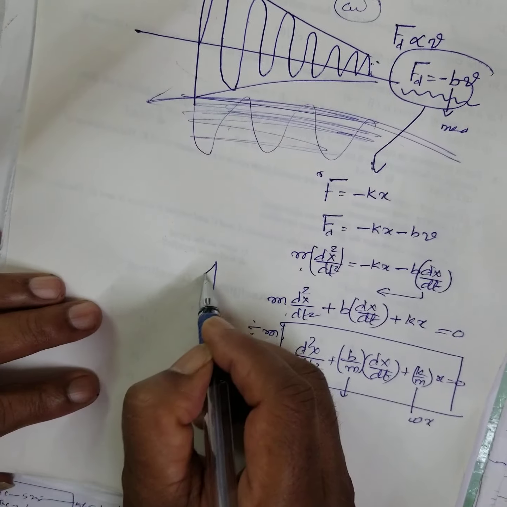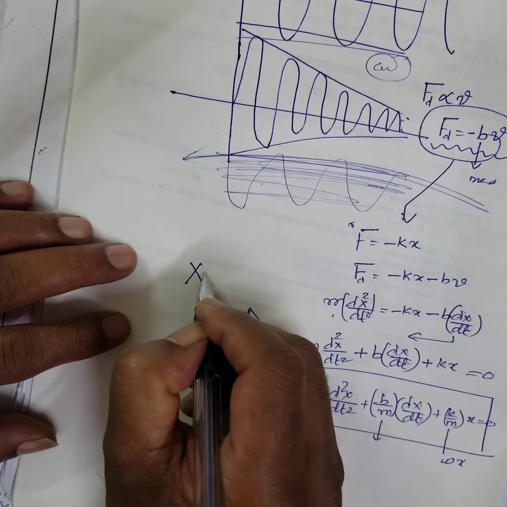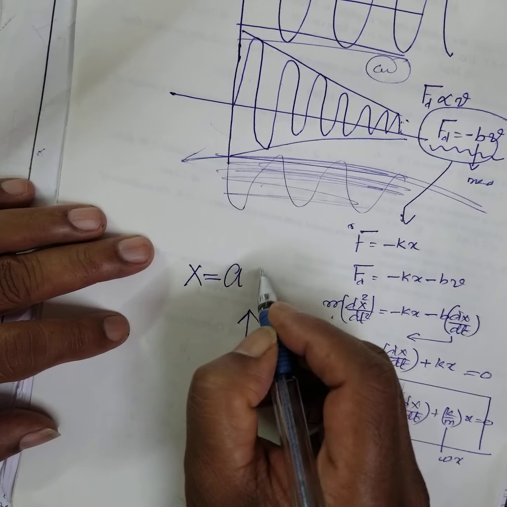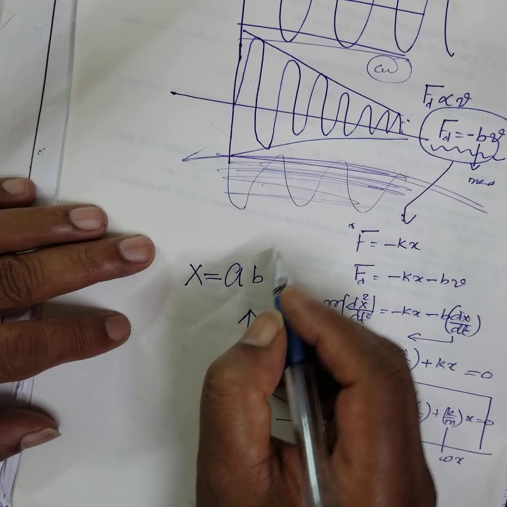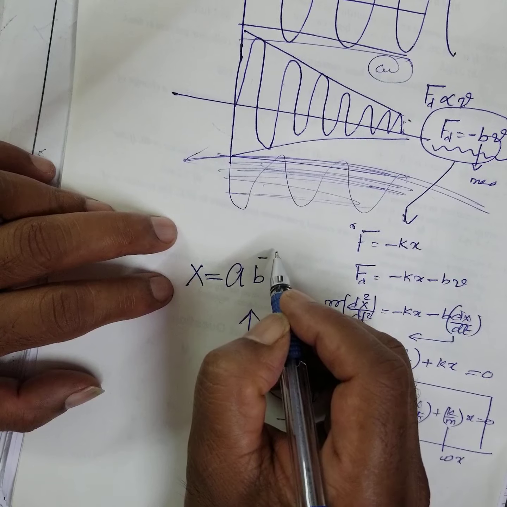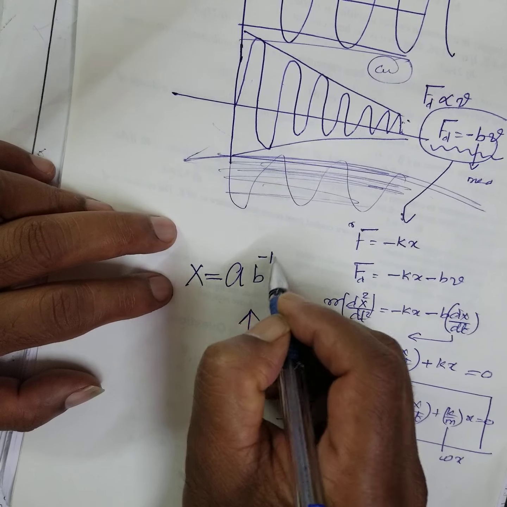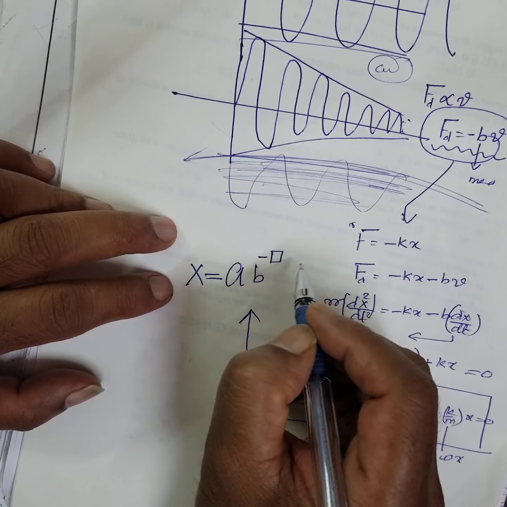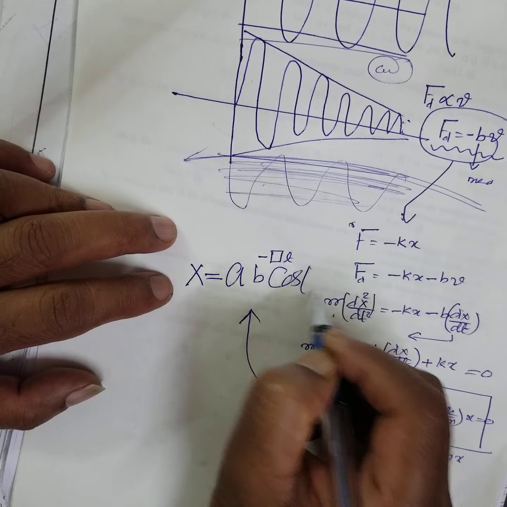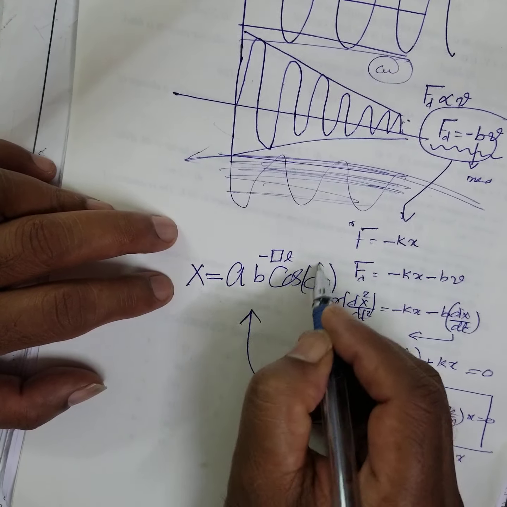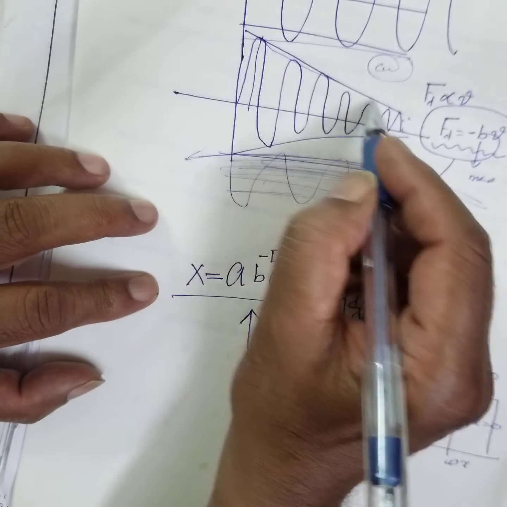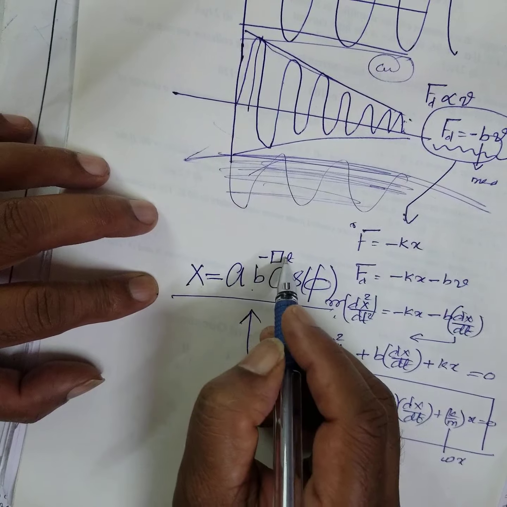If you solve, what you'll get? You'll get x is equal to A e to the power of minus some constant into t, and also cos. Here cos of omega t minus phi. What is A? A is the amplitude. That amplitude gradually decreases with respect to time.